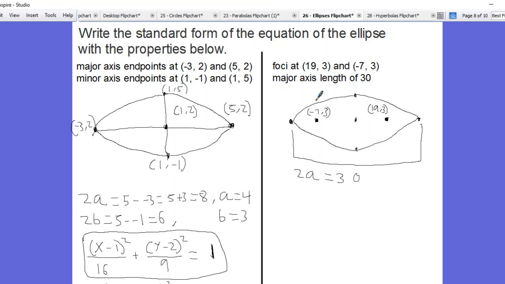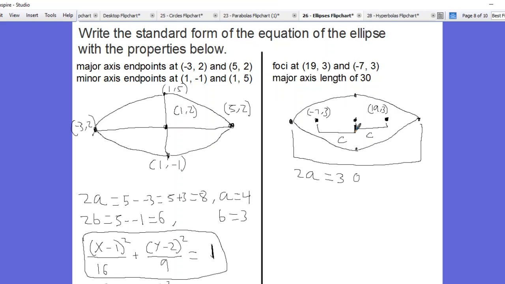The focal length is the distance between the center and the focus. That's c. So if the distance between the center and the focus is c, what is the distance between the two foci?